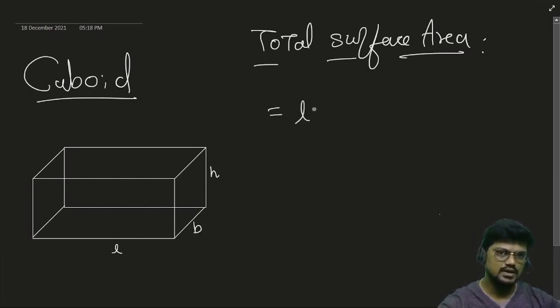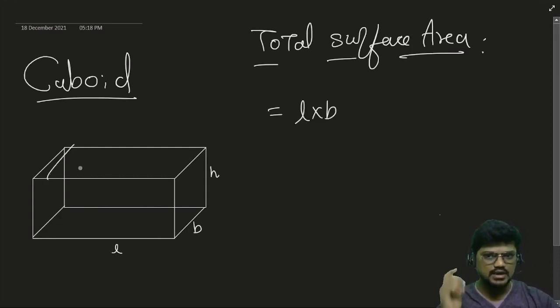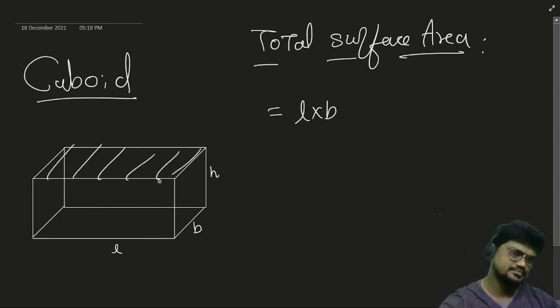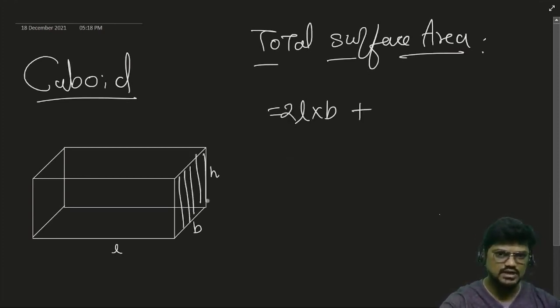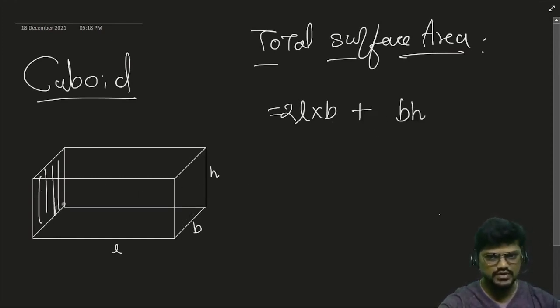That area will be length into breadth. But the same area will be there in the top also. So that also has to be added, plus length into breadth. You can say 2 into length into breadth. Plus, if I say this area will be B into H, but this area will be there over here also on this face also. So that is twice of BH.